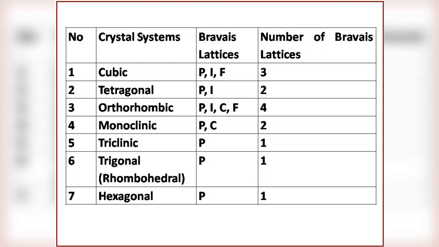Cubic contains 3 Bravais lattices: P, I, F. Tetragonal contains 2: P and I. Orthorhombic contains 4: P, I, C, F. Monoclinic contains 2: P and C. Triclinic, trigonal and hexagonal contain 1 Bravais lattice, that is P. P is primitive, I is body-centered, F is face-centered, C is side-centered or end-centered.